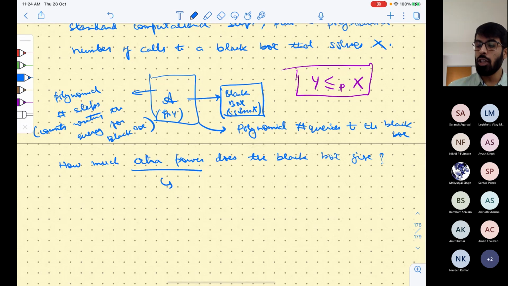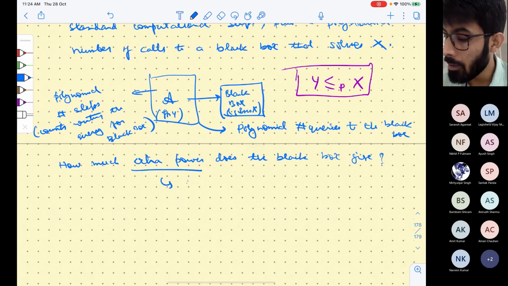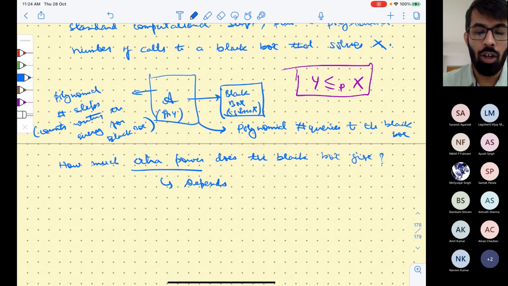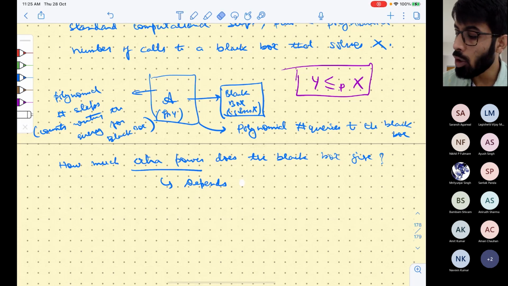Very intuitively, this should depend on the complexity of X. If X is something trivial or a very easy problem, then why do I need a black box? Algorithm A can solve the problem by itself. And if the black box is really powerful, that means X is a very hard problem and the black box is just breaking that problem and giving you the answer immediately. So how much extra power we get depends on the complexity of X.